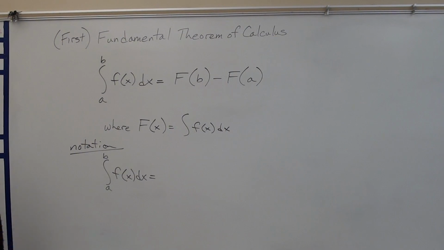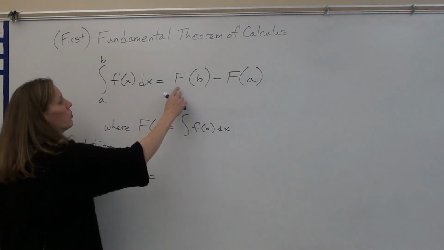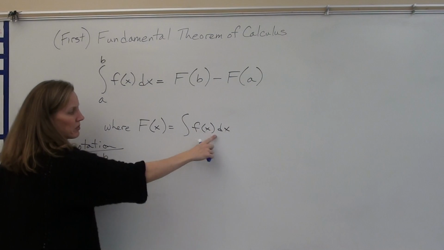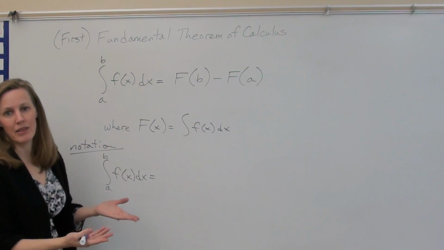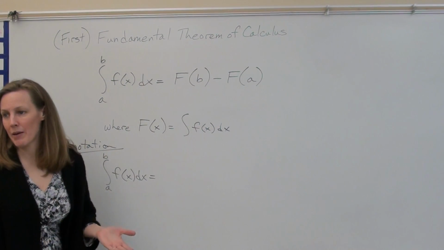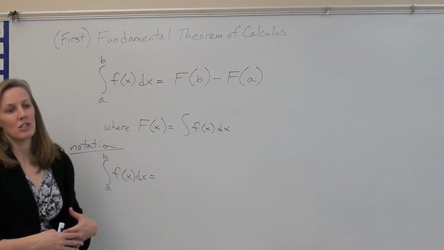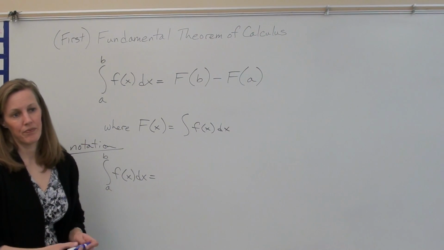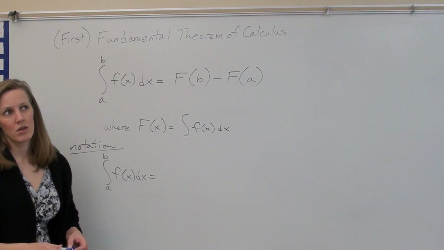So instead, traditionally, most textbooks and a lot of mathematicians use capital letters when they are talking about the antiderivative of a function. That doesn't mean if you see a capital letter, it's automatically the antiderivative. You still have to specify where big F is the antiderivative of little f. You still have to put that there because you can't just assume capital letters mean antiderivative. But that's traditionally what they do.